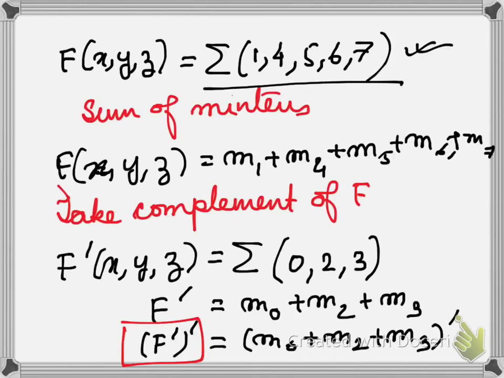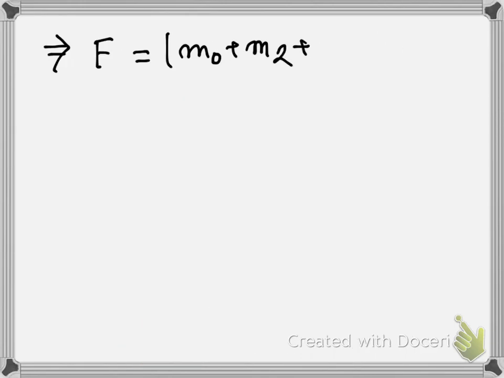So I'll write f here is equal to m0 plus m2 plus m3, complement. So here I'm going to use De Morgan's theorem, and I get m0 dash dot, plus will change to dot, m2 dash dot m3 dash.